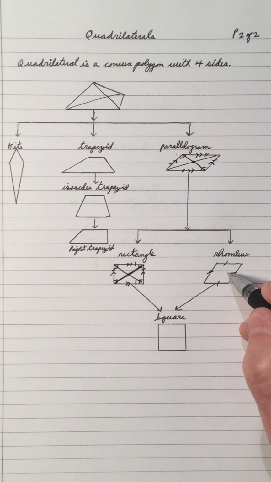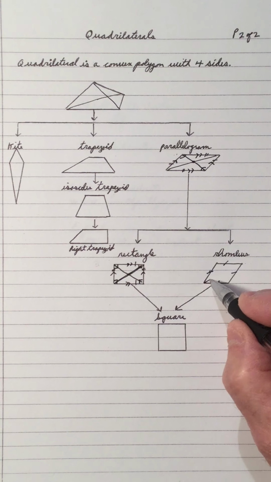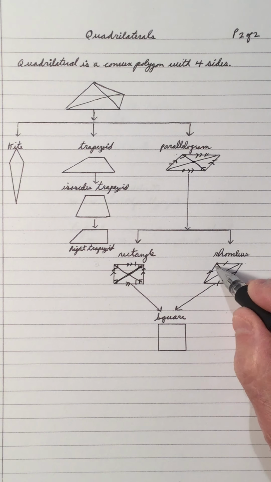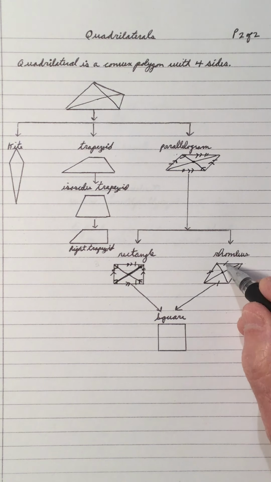And a rhombus has all the properties of a parallelogram. The diagonals bisect each other. This is the midpoint. Opposite angles are equal. Opposite sides are parallel.